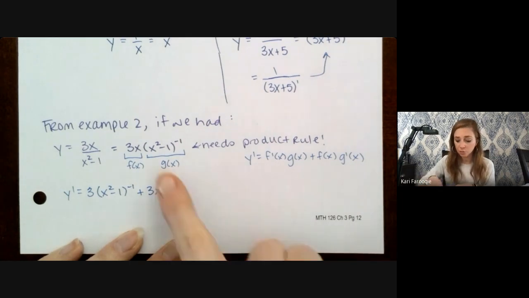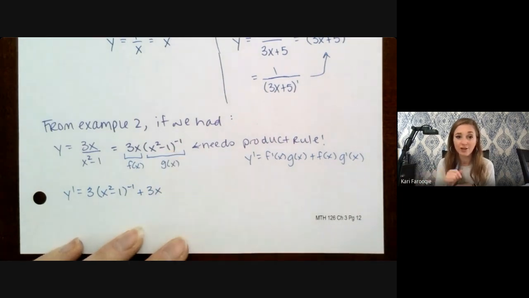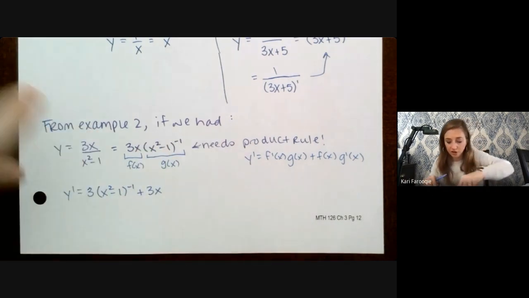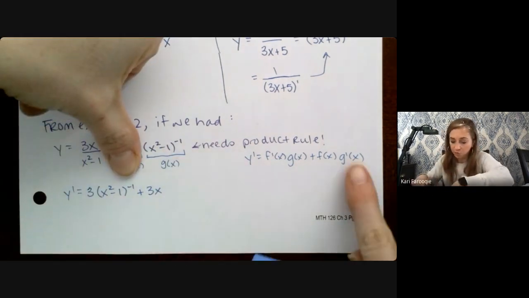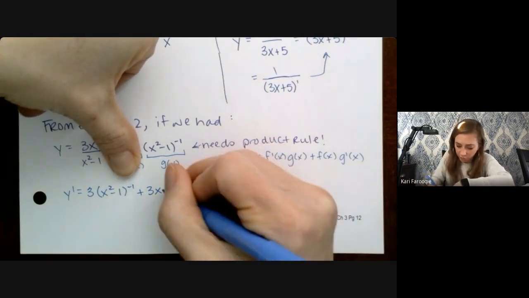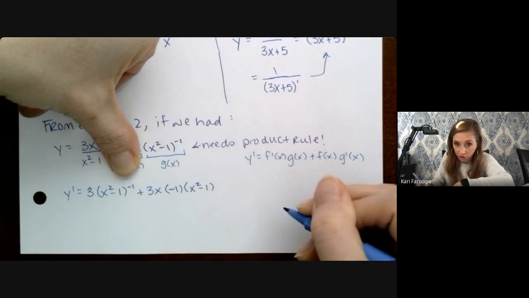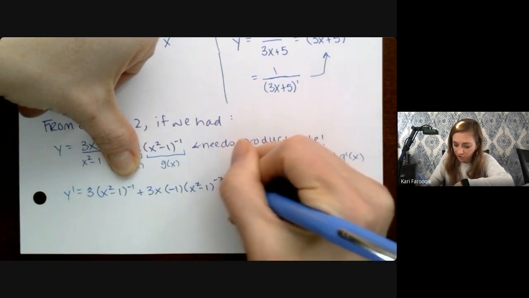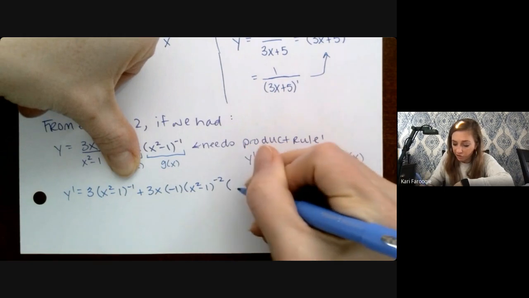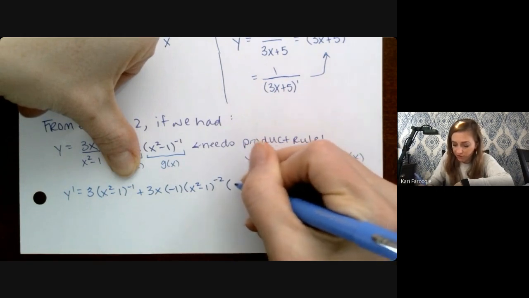In order to get g prime actually needs the chain rule. So if I'm just looking at g here and I need to multiply by its derivative for the product rule, I'm going to bring this -1 down, rewrite the inside function, decrease the exponent by 1, and then I have to chain on the derivative of the inside function.